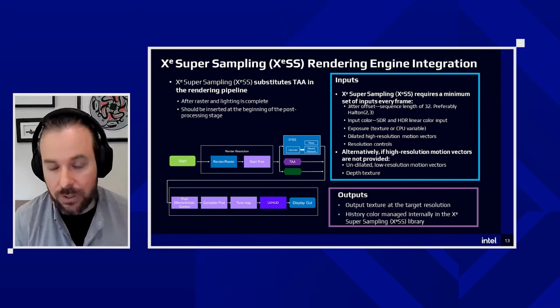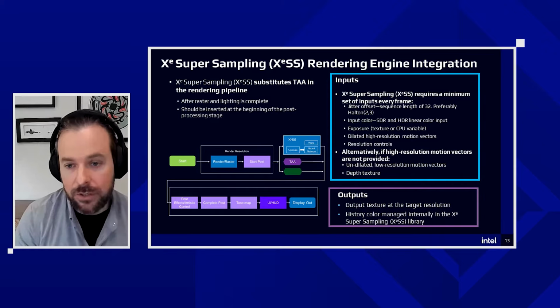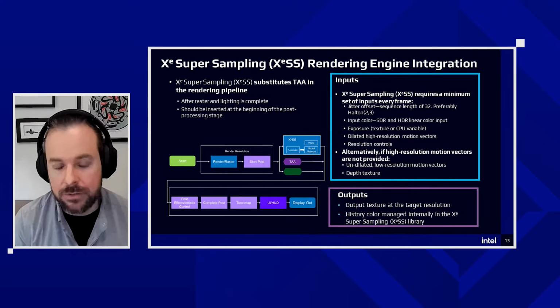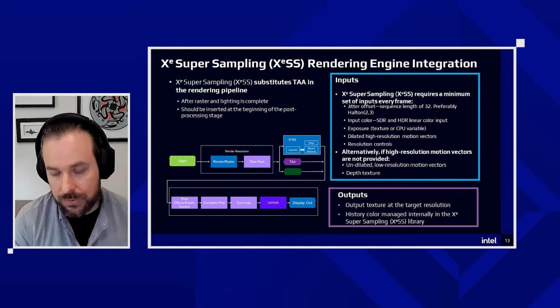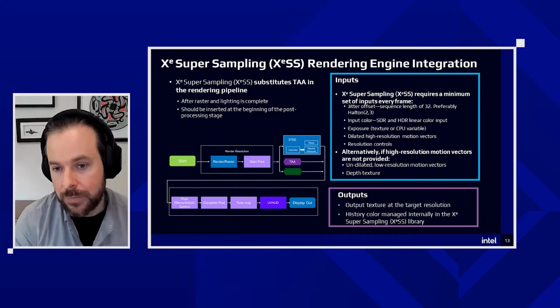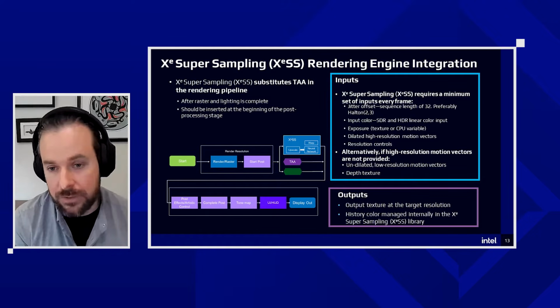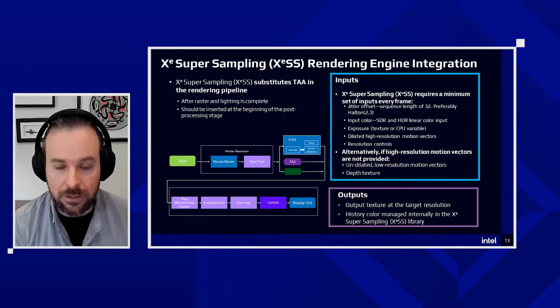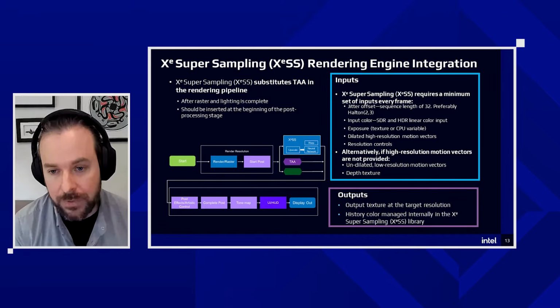Then you have the color input, and this can be an SDR or HDR texture with a linear color input. If you do not have exposure already integrated into the color buffer, you have to pass an exposure texture or a CPU constant that allows compensating for the camera exposure.